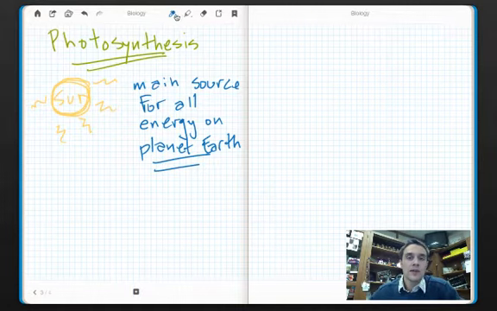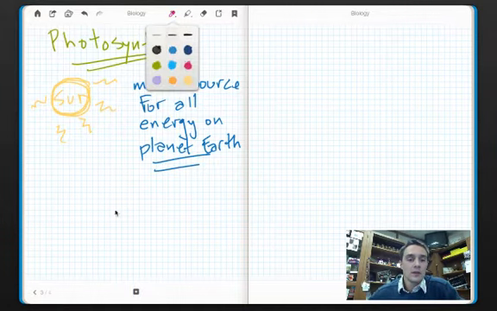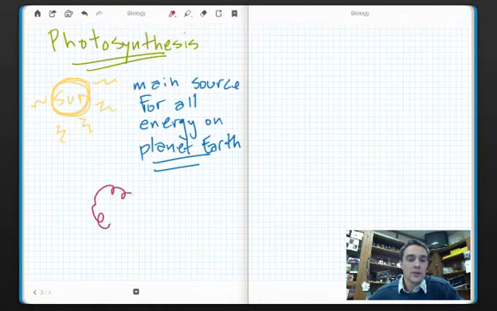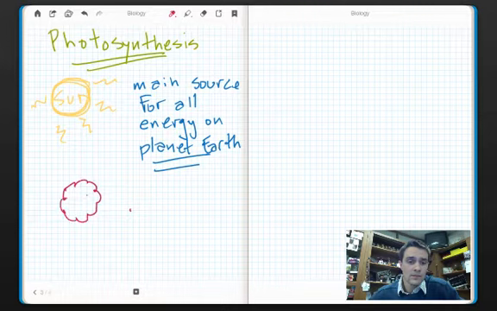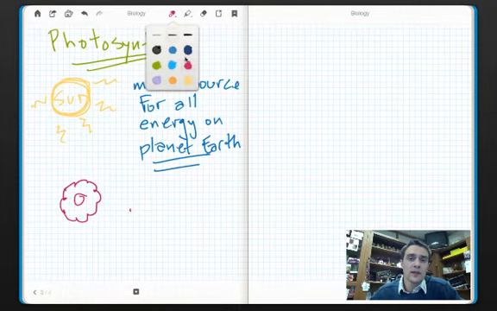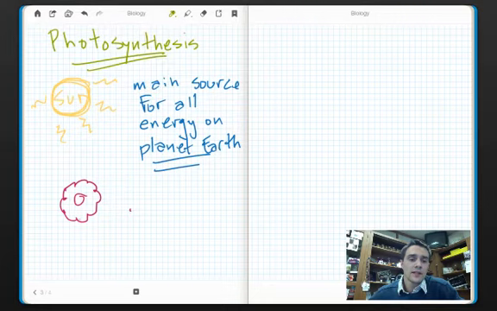All right? Plants can. This little guy right here, we'll draw this pretty little flower. Something like this little flower actually can do a very good job of absorbing the energy given off from the sun.